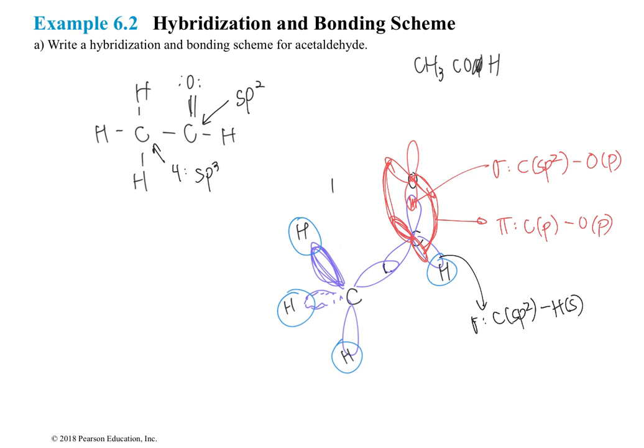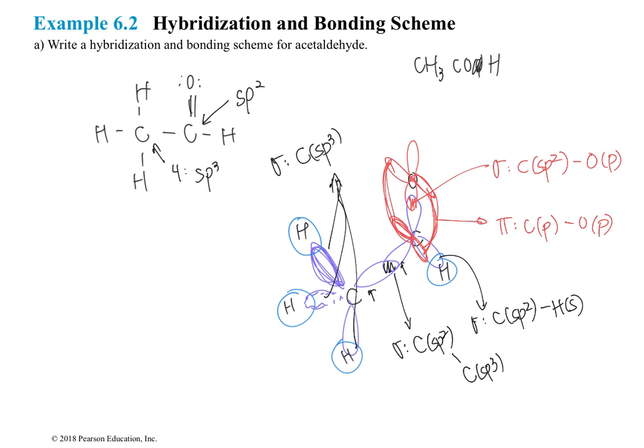And then we have this sigma bond between carbon's sp2 orbital and the other carbon's sp3 orbital, right? Here's an sp3 and here's an sp2. And then all 3 of these are sigma bonds between the other carbon's sp3 orbitals and hydrogen's s orbital. So just being able to look at these and label them is going to be key.